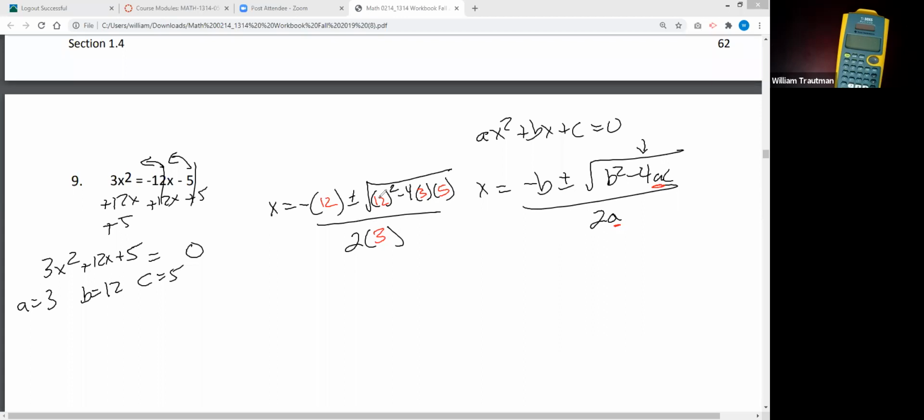Now, on your calculator, just tell me what this equals right here. 12 squared minus 4 times 3 times 5. I think we should do it like this each time.